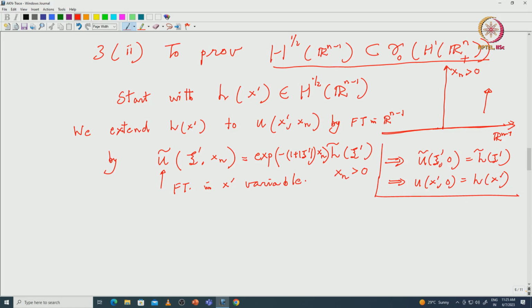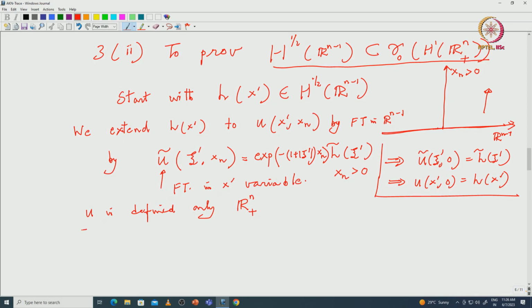Keep in mind that u is defined only in R^n plus, which is what we wanted, but then there is a technical difficulty.